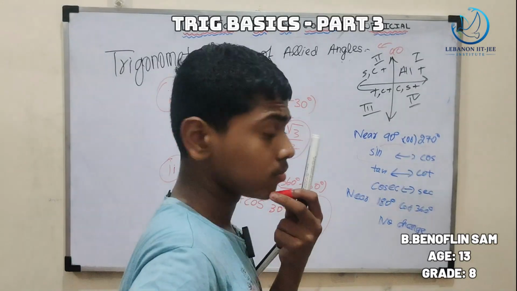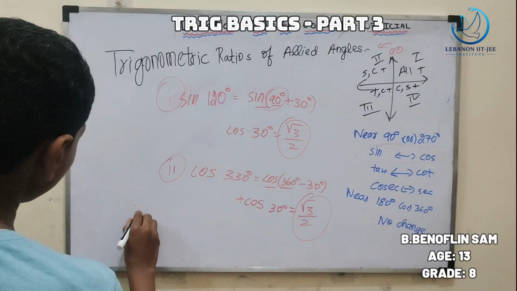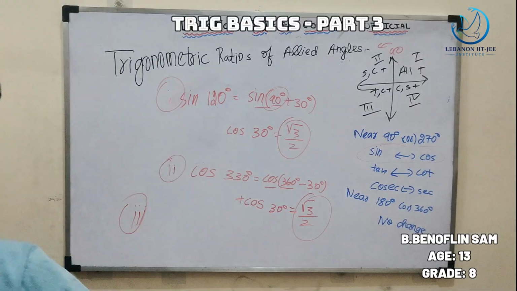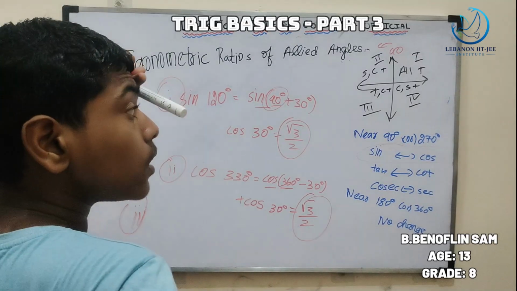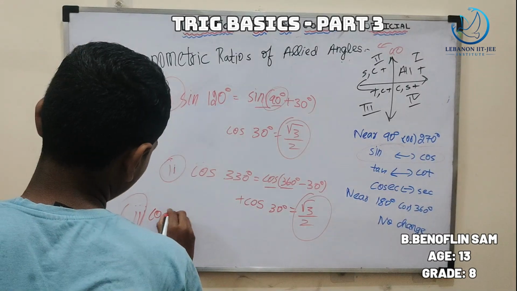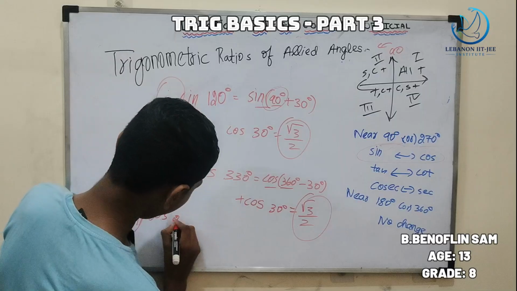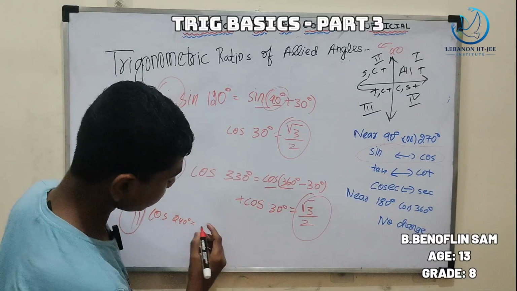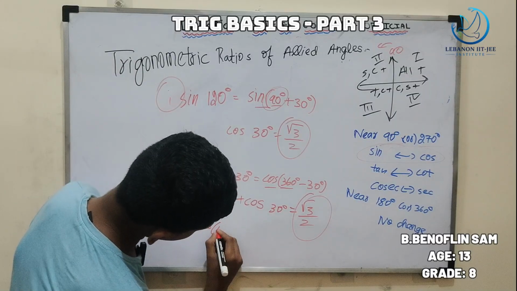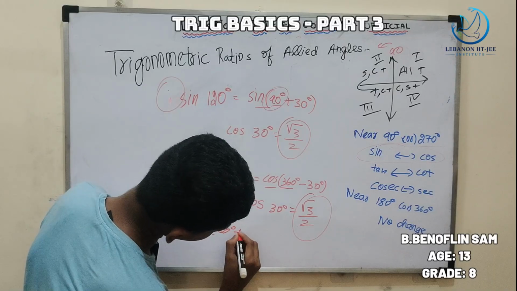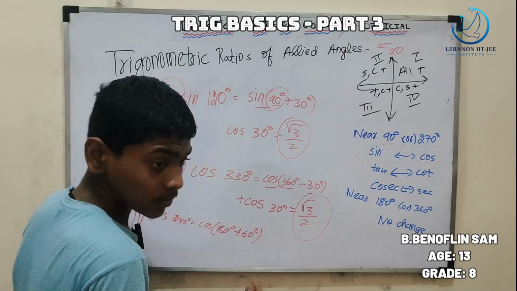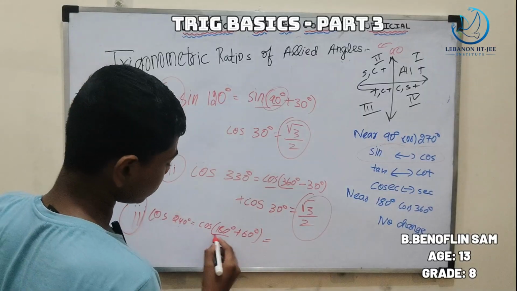It's the same. And one important thing, going for the third one, what we can take is cos 240 degree. If you're taking this, first you take it as 180 degree plus 60 degree. Right? So if you're taking this, it doesn't change.